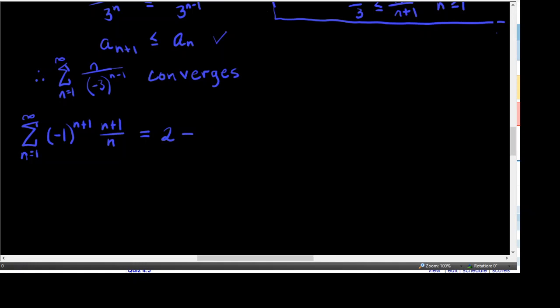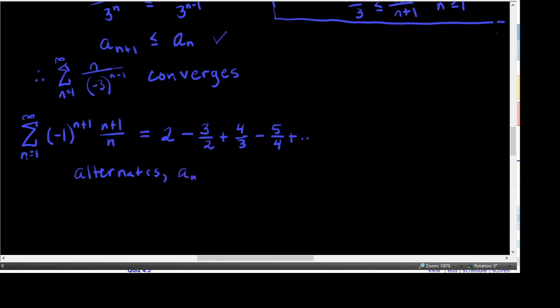Yikes, 3 halves. Then the next one will be positive 4/3. You can verify these. Minus 5/4 plus ... So we can see that this is alternating. It alternates. So we're going to see what we can do with the alternating series test.